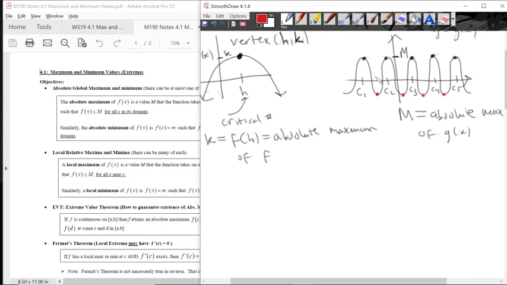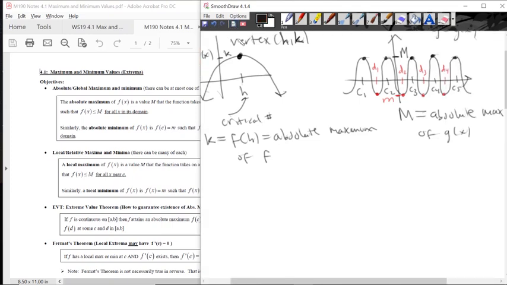Then we'd have critical numbers associated with these. I'm going to call these critical numbers d's. So this is d1, d2, d3, and d4. And then the minimum would be the y value that keeps getting attained at these values right here. Let's call that lowercase m for the minimum.